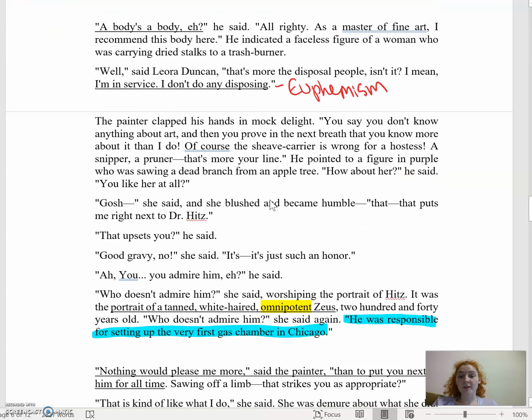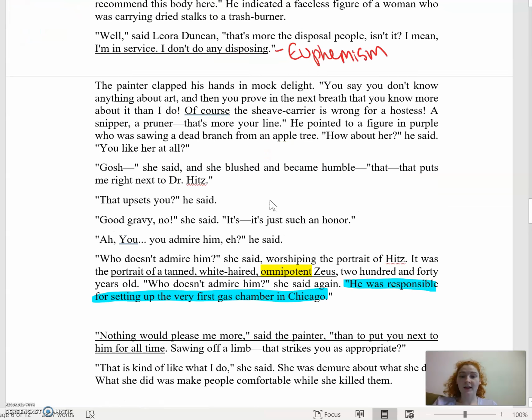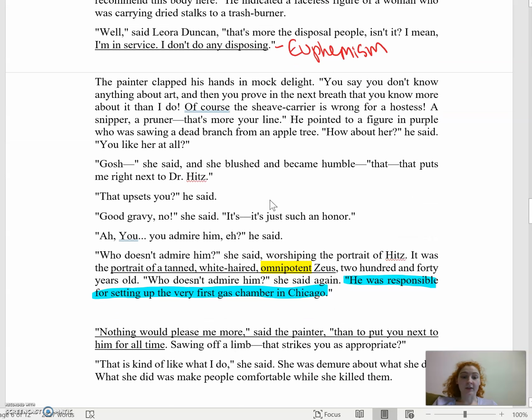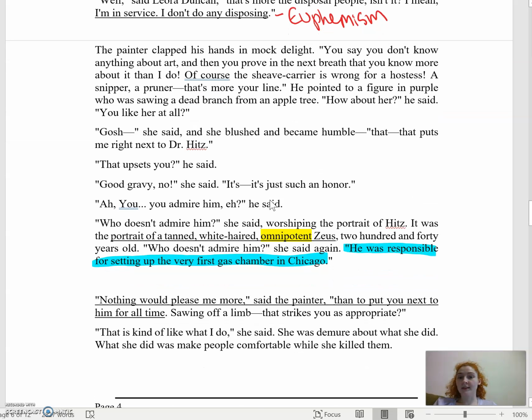We see a few euphemisms about what her actual job is, and then we get the real hit on what her job is. She ends up choosing to be put into the mural, so she's there to be drawn and put into the mural, and she ends up choosing a person whose job it is to prune an apple tree, cut off a dead branch, standing next to Dr. Hitz. And we see what it is that's so wonderful about Dr. Hitz for the first time.